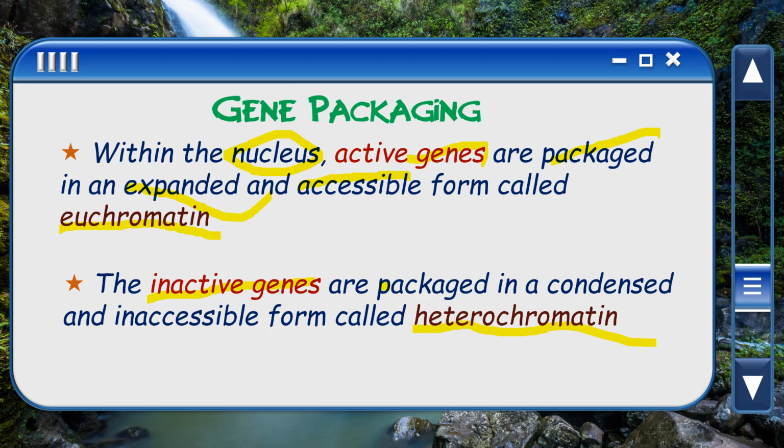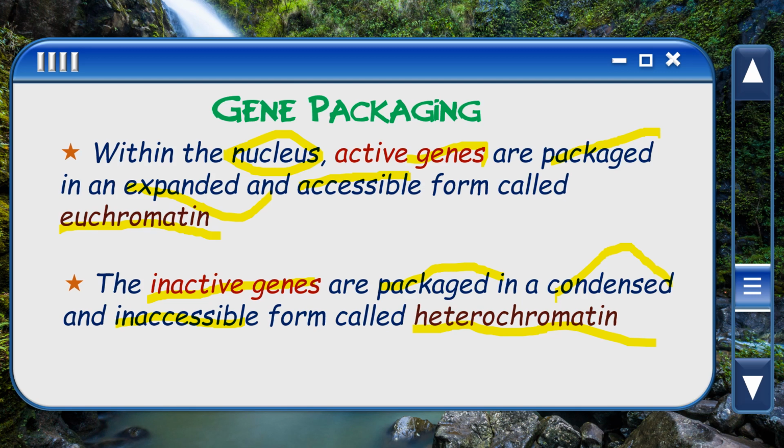Therefore, they are packaged in a condensed and inaccessible form, so they will not be tampered with. They will not express themselves. Those packaged in specific cells are the ones that we call heterochromatin.